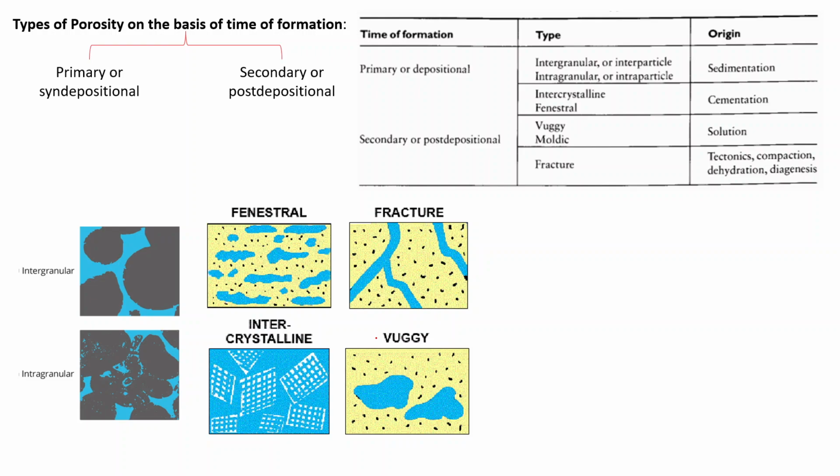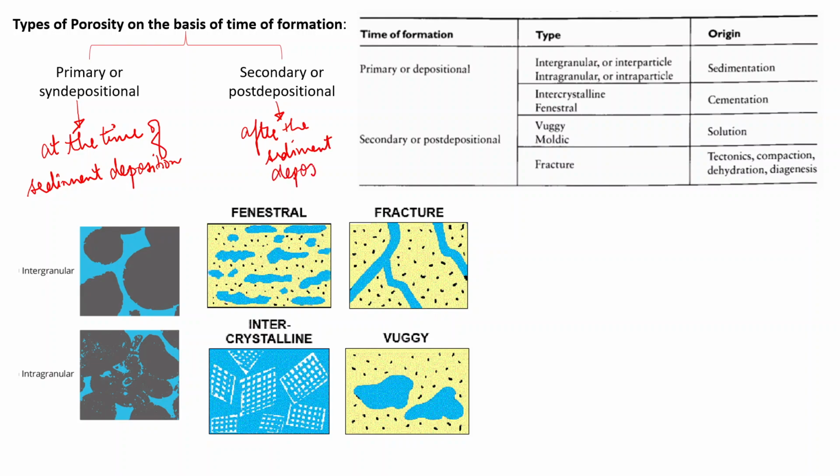So syn depositional porosity is formed at the time of sediment deposition, while the secondary or post depositional is the porosity that forms after the sediment deposition.